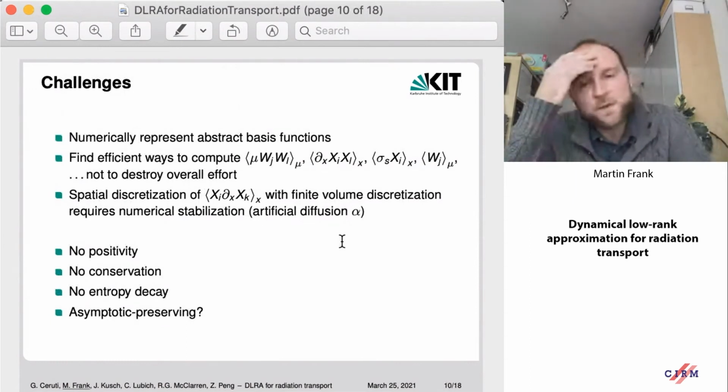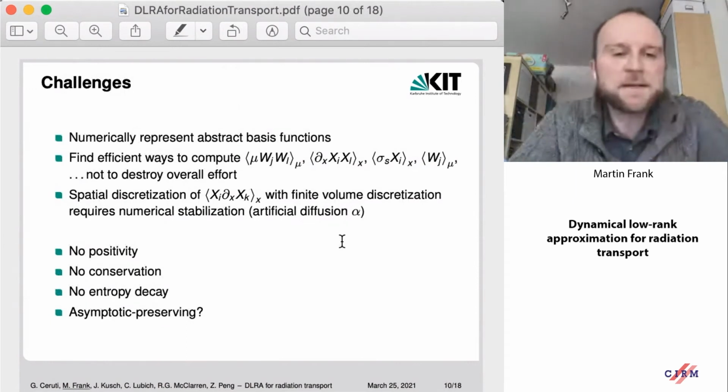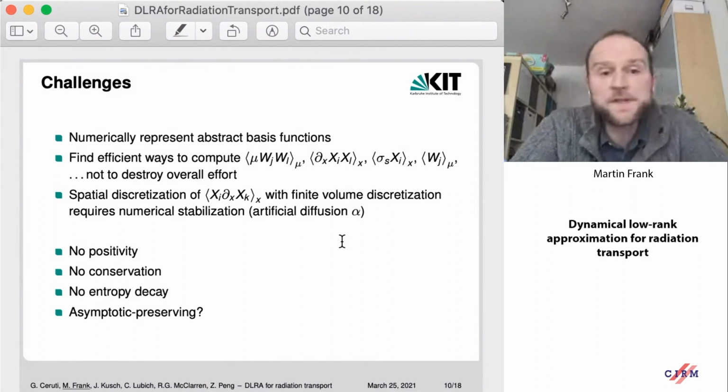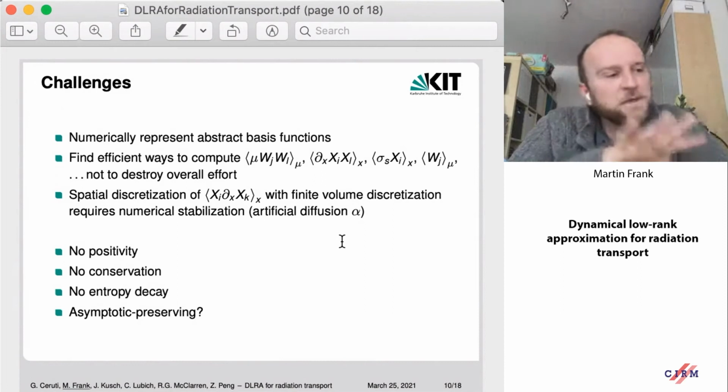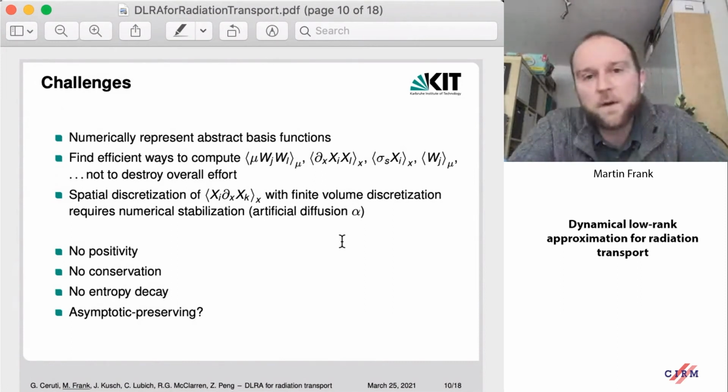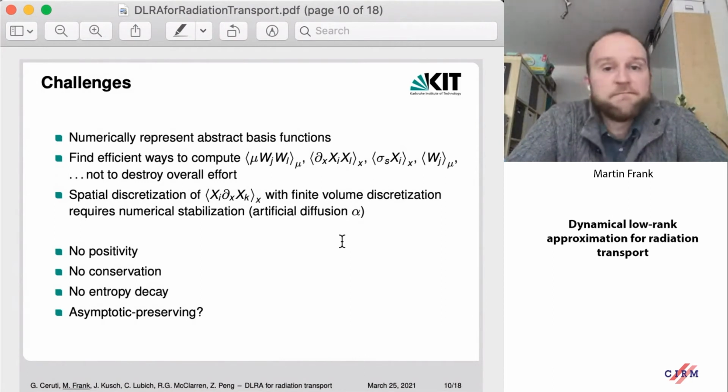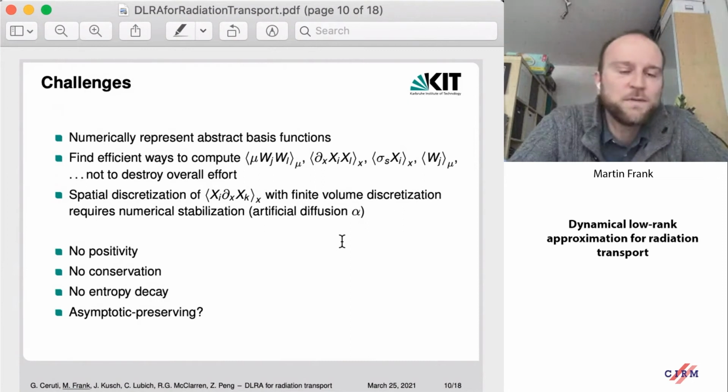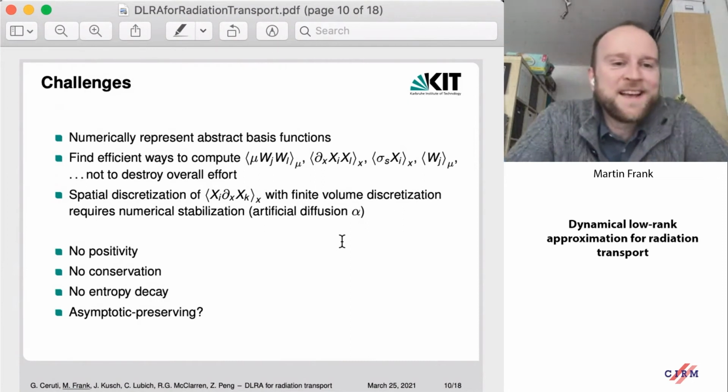Now, in order to put this into practice, I numerically represent these abstract basis functions. Right now I have my abstract dynamical low rank basis functions, something in space, something in velocity, and now I discretize them somehow. For example, in space, I take finite volumes, whatever you want to do. We know DG. And in velocity space, I also do something.